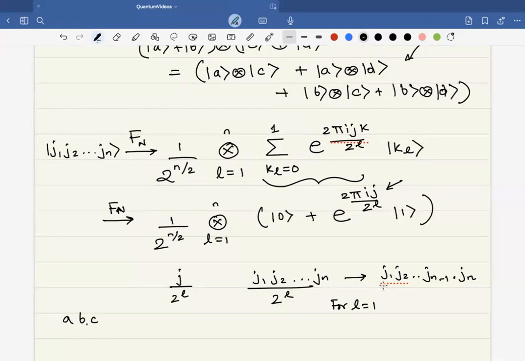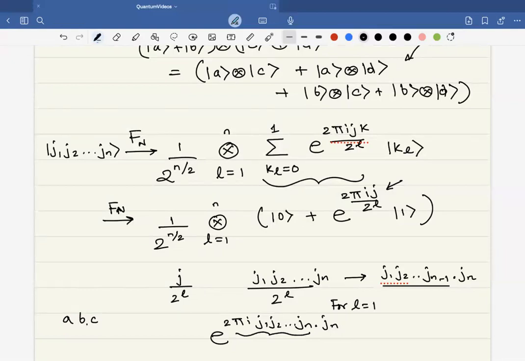And then I can ignore this integer part, because we have e to the 2 pi i times j1, j2, ..., jn-1, and since this is e to 2 pi i multiplied by some integer, it'll always be equal to 1.